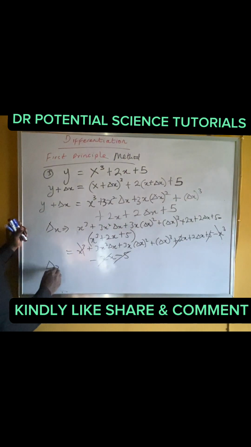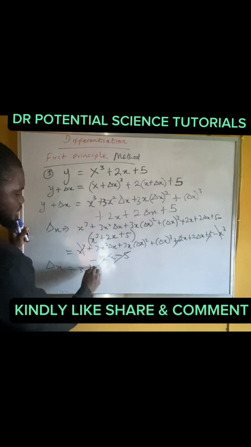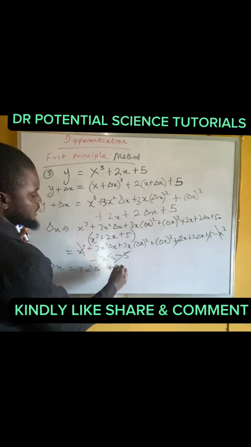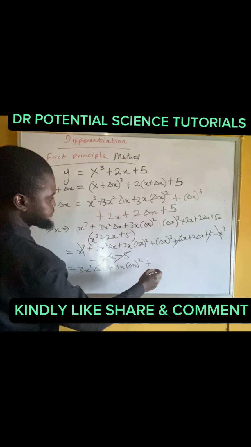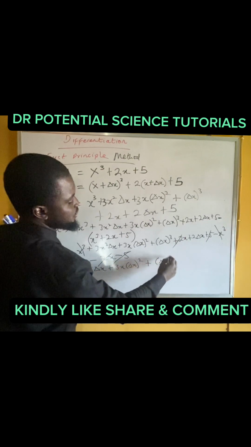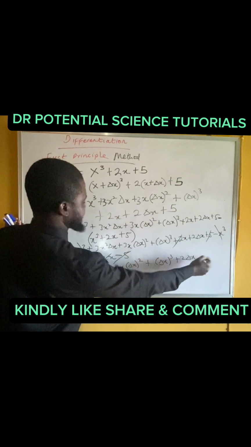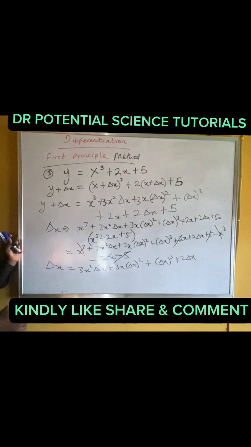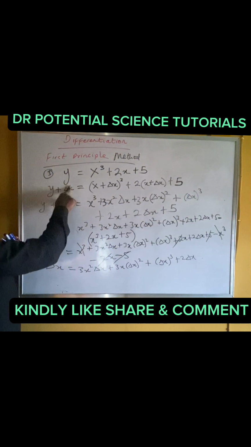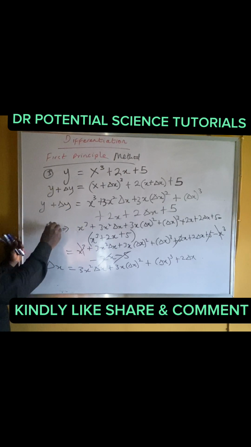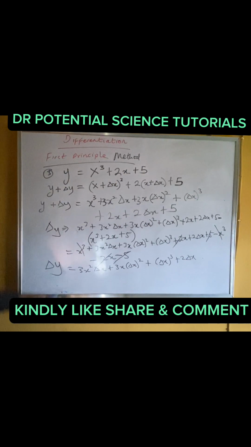So delta y equals 3x squared delta x plus 3x delta x squared plus delta x cubed plus 2 delta x. Sorry, this is y plus delta y.